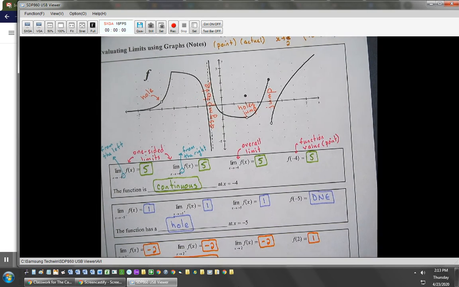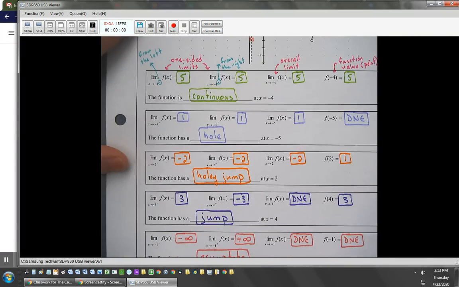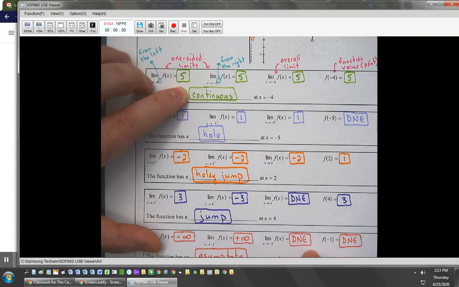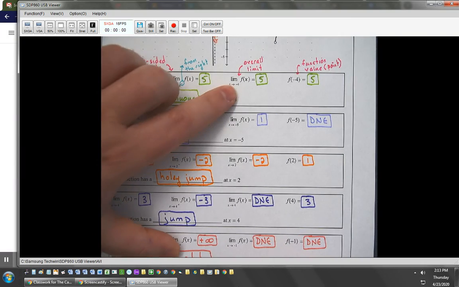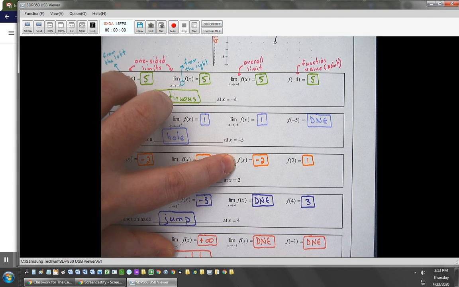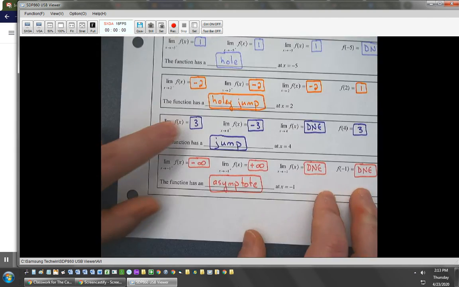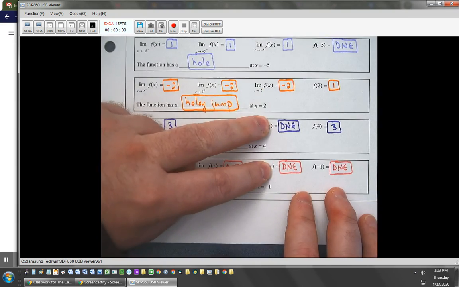And then the last thing I want to highlight down here on the side, if you'll notice, when our graph is continuous, when our graph has a hole, or when our graph has a holy jump, our overall limit, which is the one that we really care about, always exists. When you look at a jump or an asymptote, the overall limit does not exist.